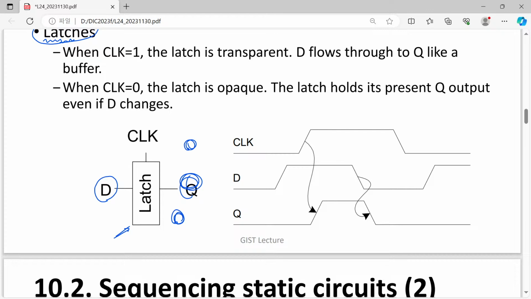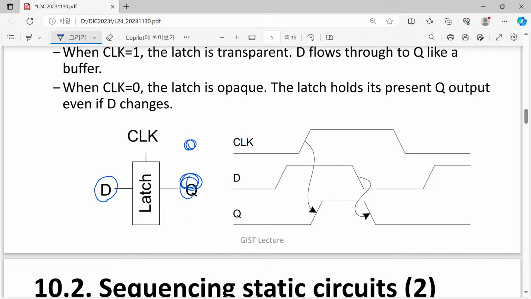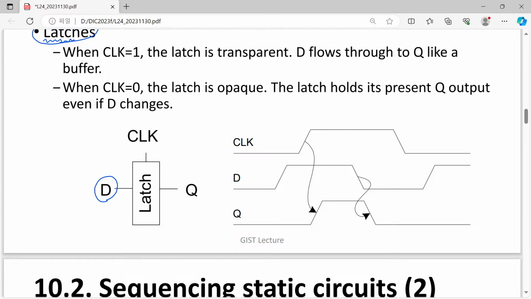Here we have input D and output Q, and here we have a clock. This latch passes its input to the output when clock equals 1. So when clock equals 1, the latch is transparent.